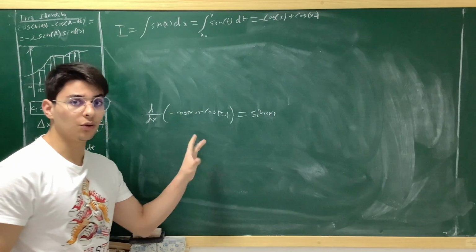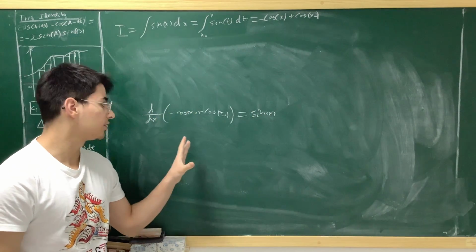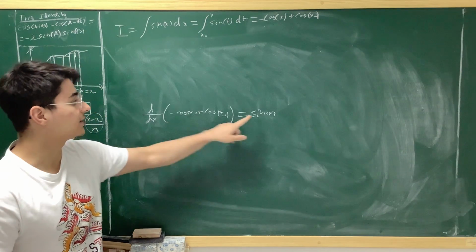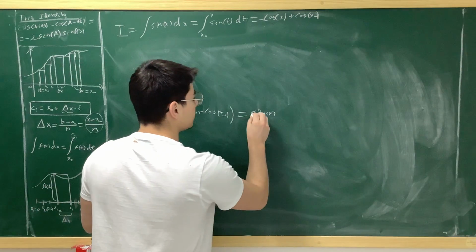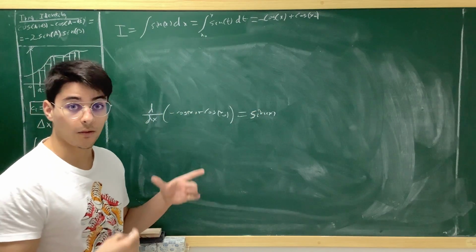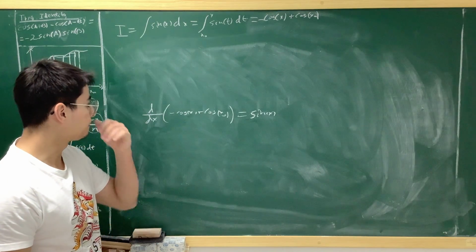This is how you would actually do it in a regular calculus course. You would say, we notice that the derivative of this is the sine of x, so it must be an antiderivative by the fundamental theorem of calculus.